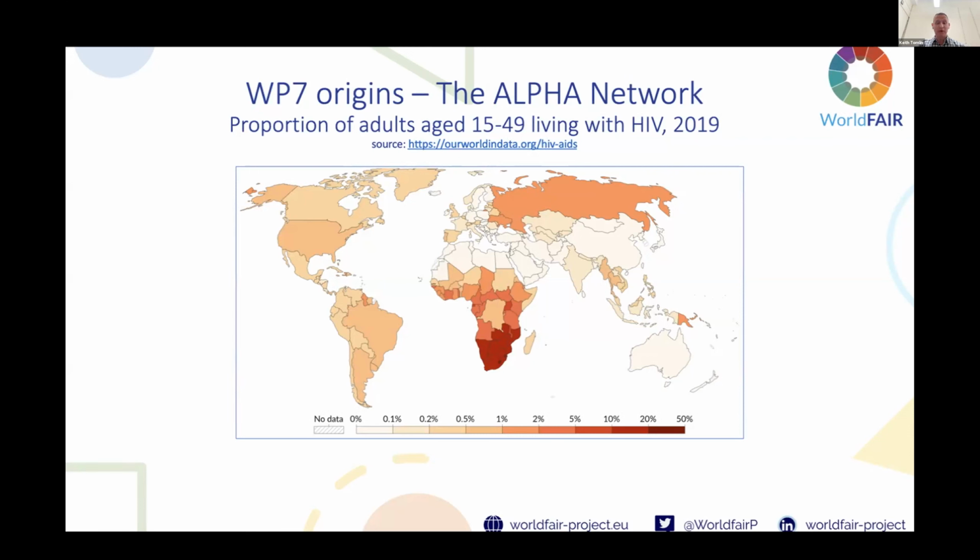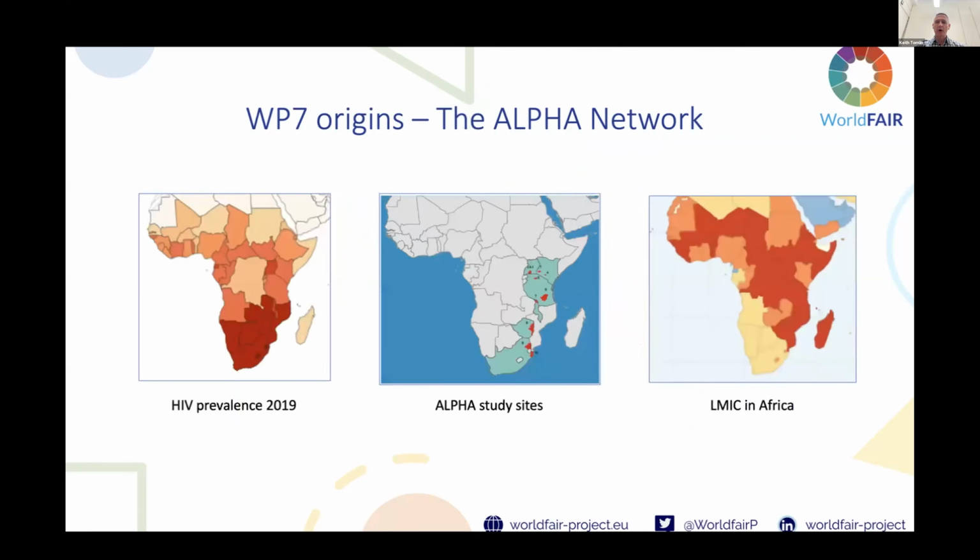Now isn't the place where we can talk about that, but it does explain why Alpha existed and how it operated in the places that it does. And hence how our work with lower and middle income countries became focused upon Southern and Eastern Africa. And you can see here, I've just brought together the components of those three maps that highlight those similarities.